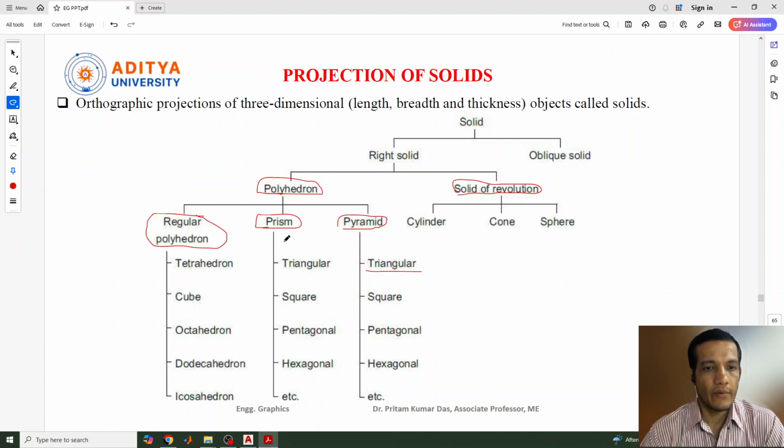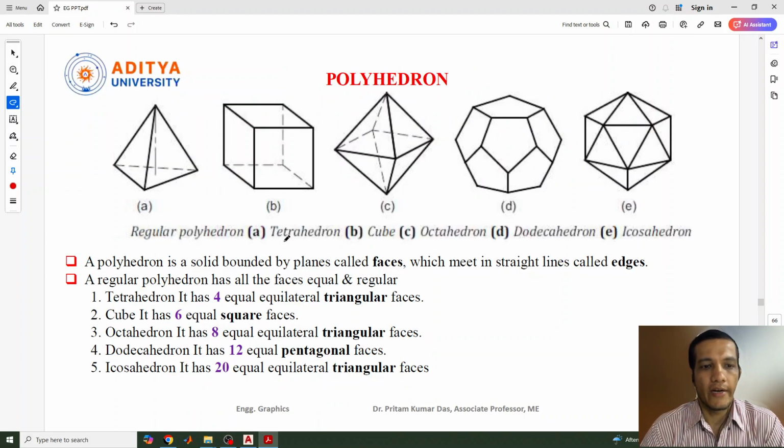Let's discuss one by one. First is the polyhedron. A polyhedron is a solid bounded by planes, and each plane is called a face. You can see these are the faces of each polyhedron: this is one face, this is another face, and that side and this side are also faces. This is a tetrahedron.